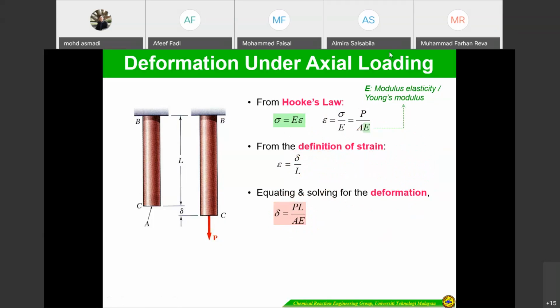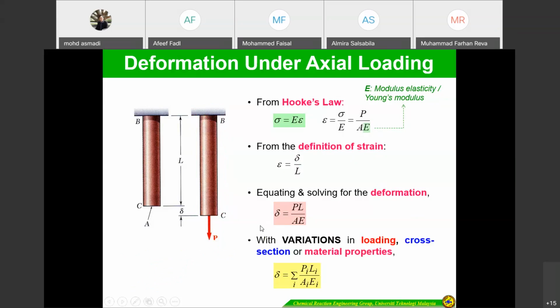For example, this one is homogeneous. How about if you have many shapes like this one, which is non-homogeneous? How do we calculate this? You have to calculate based on this equation, with variation in loading, cross-section, or material properties. That means variation in loading, different cross-sections, and different materials.